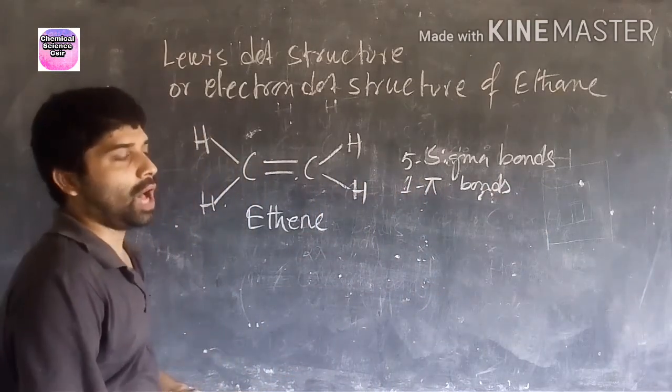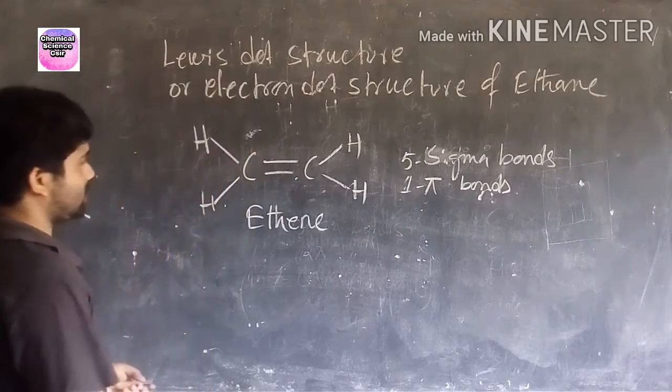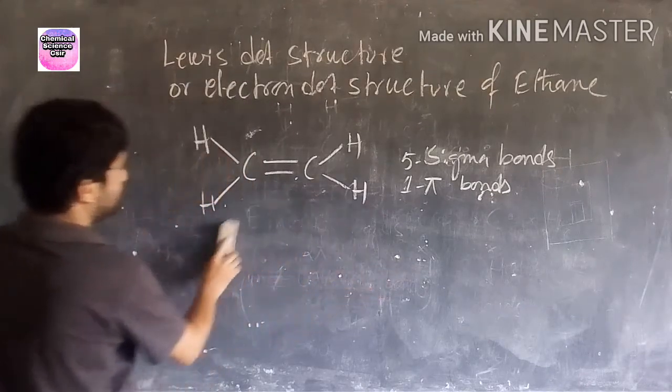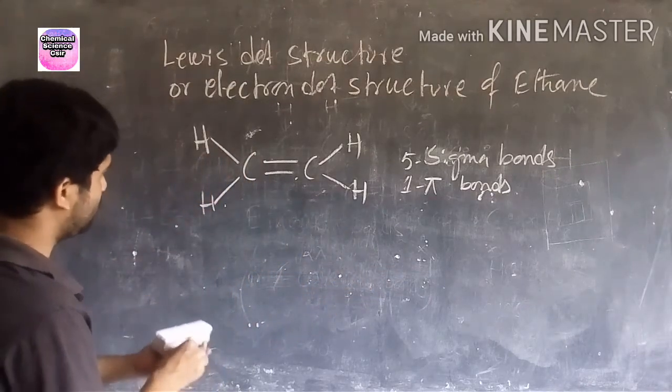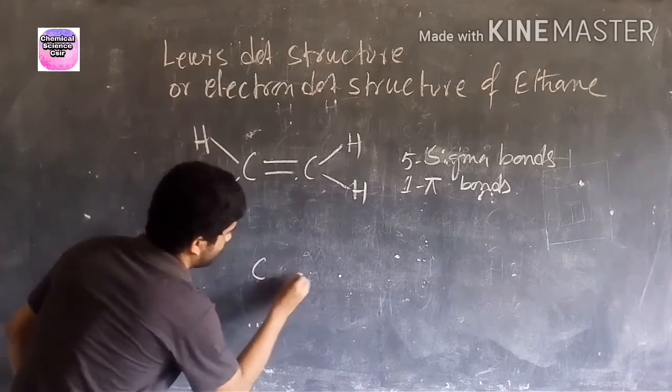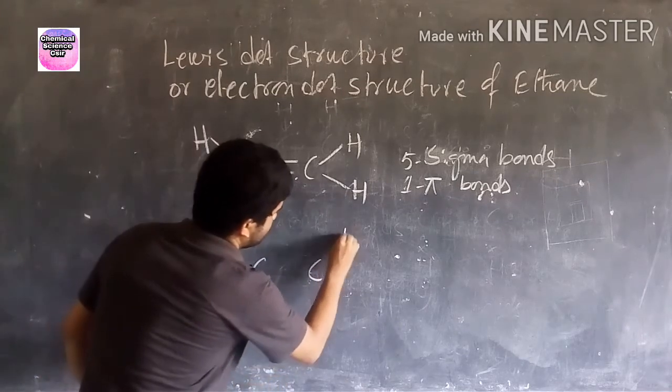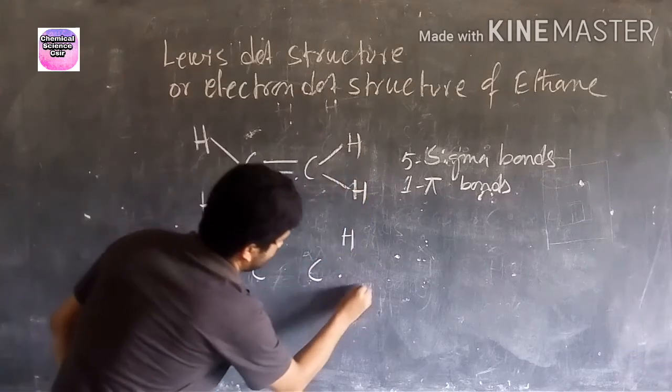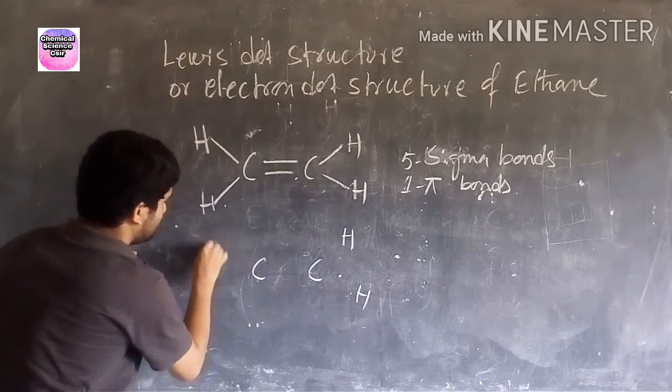Now how to represent it by Lewis dot structure? See this one: carbon, here carbon. Hydrogen on this side, top side and down side one hydrogen each, and this side one hydrogen.